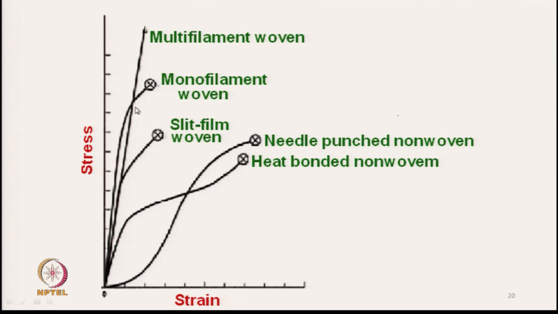Multi-filament woven fabric has relatively lesser modulus than monofilament, but has got very high tensile strength. Next is the slit film woven fabric, which has lesser strength, but it has got high modulus value.